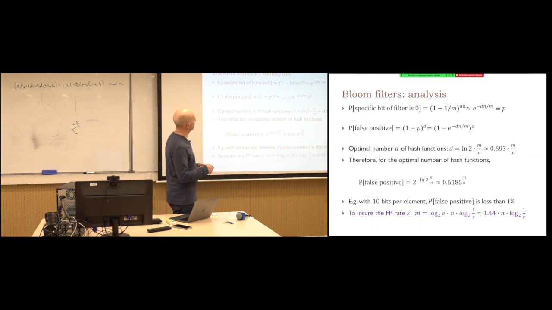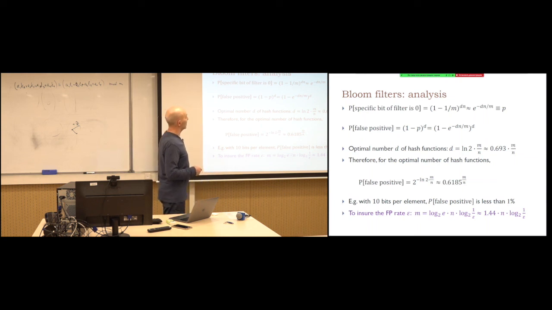So what is the probability of this event? So the probability is 1 minus p to the d, right? So we have this probability of false positive. So this is a false positive probability depending on n, m, e, d.